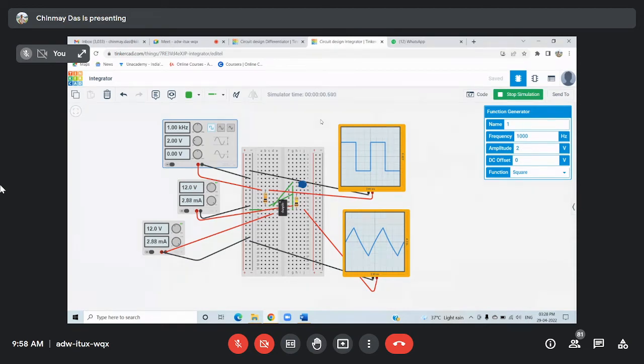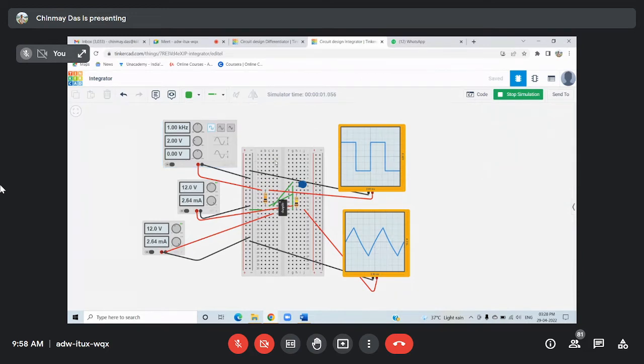Sir, could you please repeat it? You can see the frequency is 1 kilohertz for the integrator, and input peak to peak voltage is 2 volt, square wave input. After that, this resistor value is 10 kilo ohm, this is 100 kilo ohm, and this capacitance value is 0.01 microfarad.